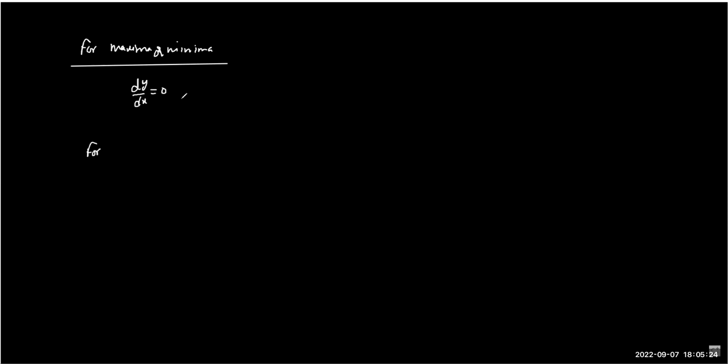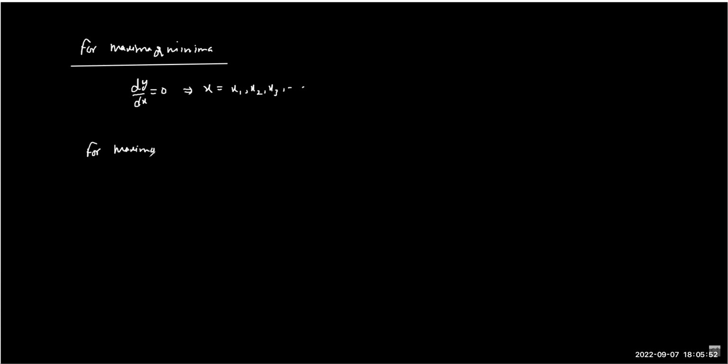Because you differentiate a function, you get another function of x, and that will be 0. Let's say this answer is 0 at points x1, x2, x3. So what we do is we check.